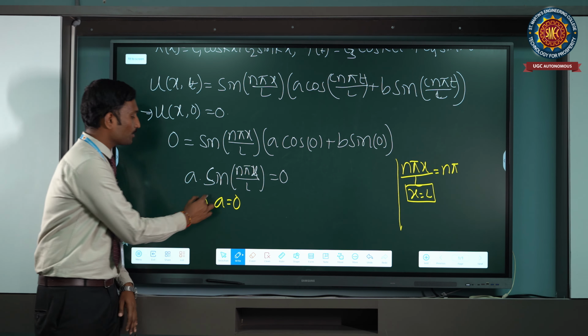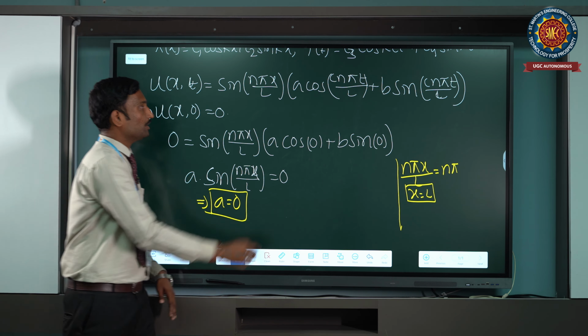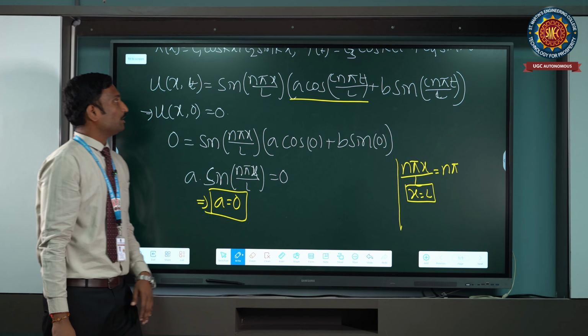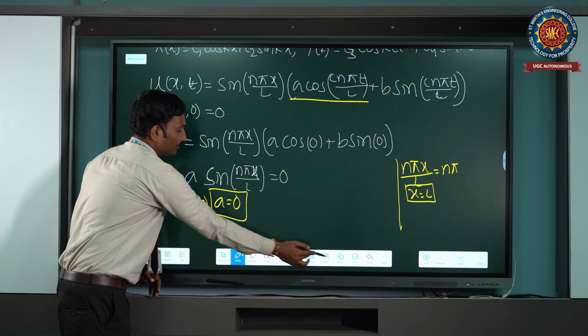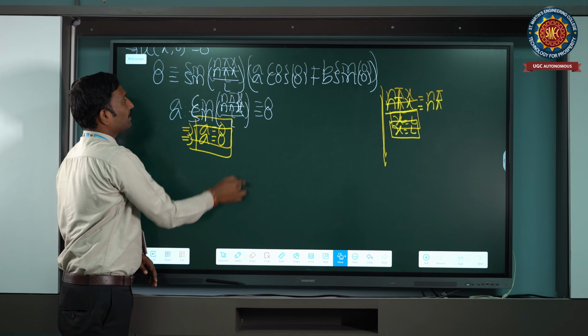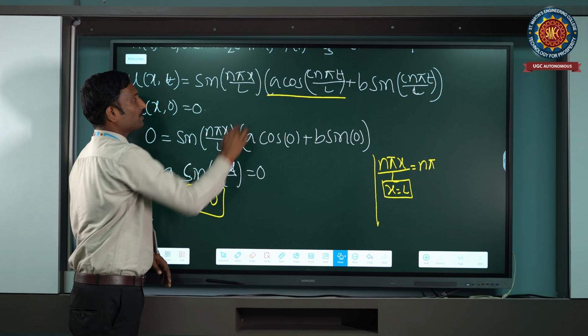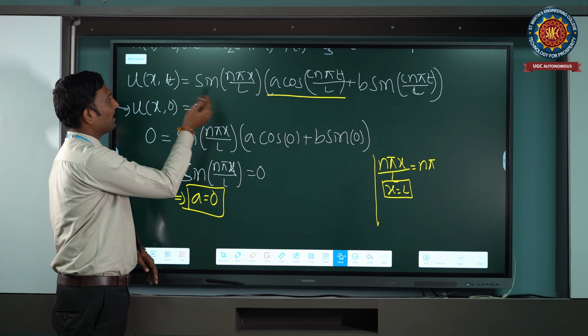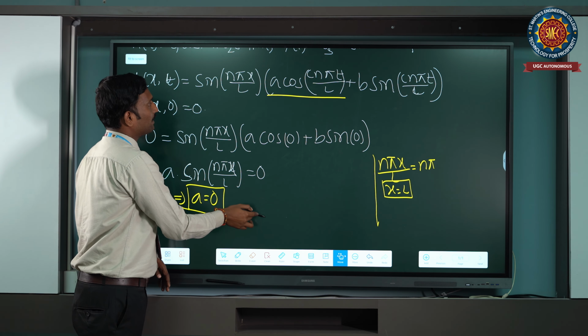If A = 0 is substituted in this equation, the A term becomes 0 and the B term remains as a multiple of u(x,t).